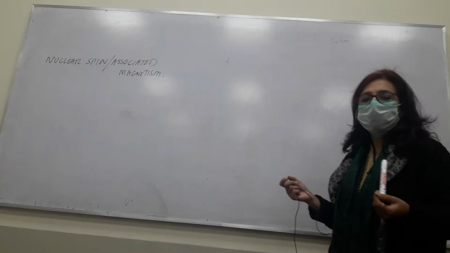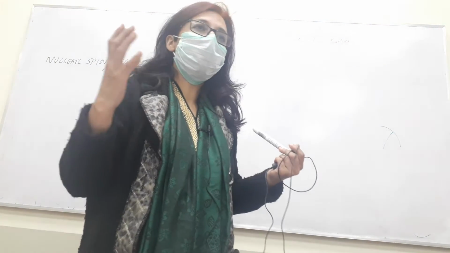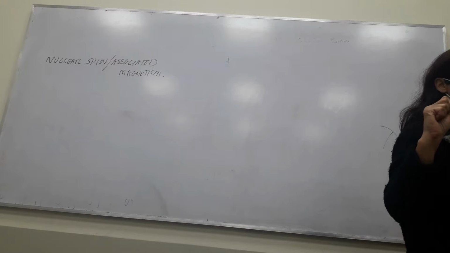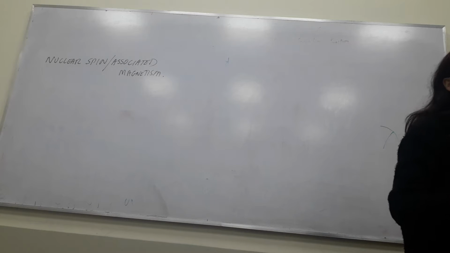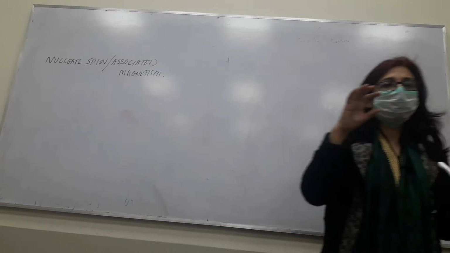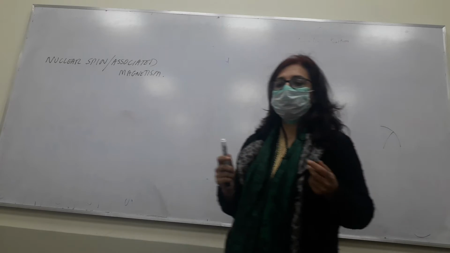So, we did talk about the fact that at the end of the day the nucleus can have a spin property, but then the nucleus will behave as a single entity. It will manifest itself as a single entity as a result of the internal spins of its constituent nucleons.